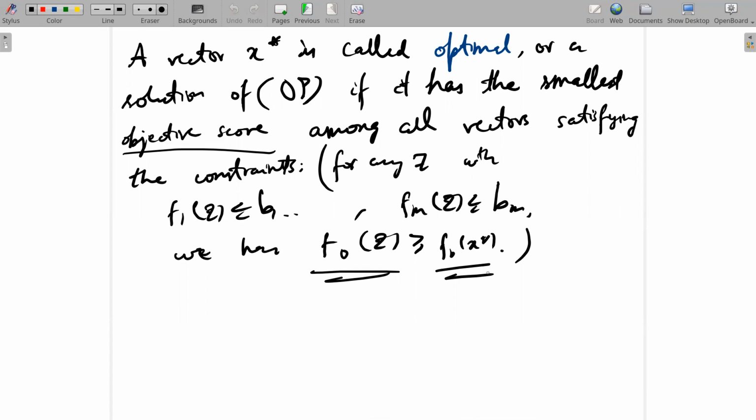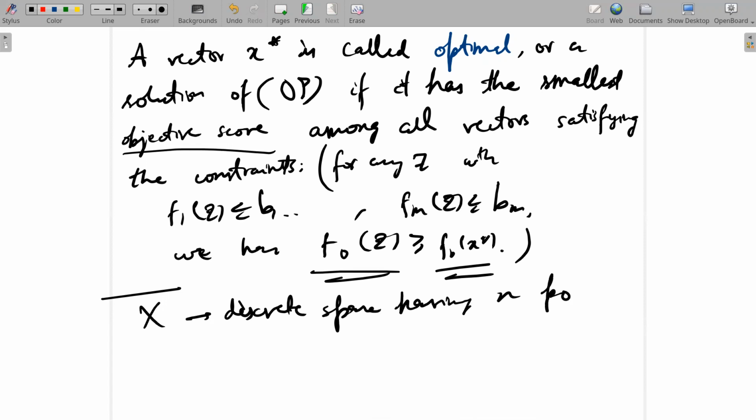So let's say x is a discrete space having n points. Then you have f0 of x1 up to f0 of xn. It's just a matter of sorting these. And then you have all this complexity analysis, in terms of both time and memory, of how you can do this, quick sort and so on.